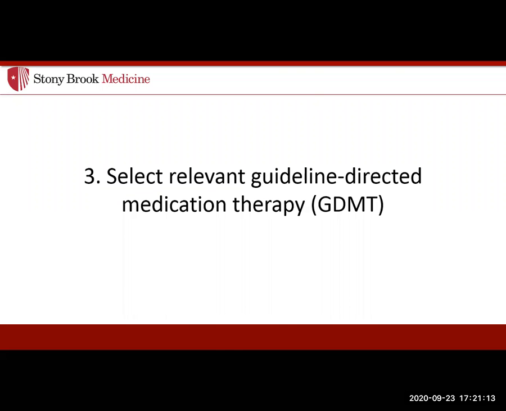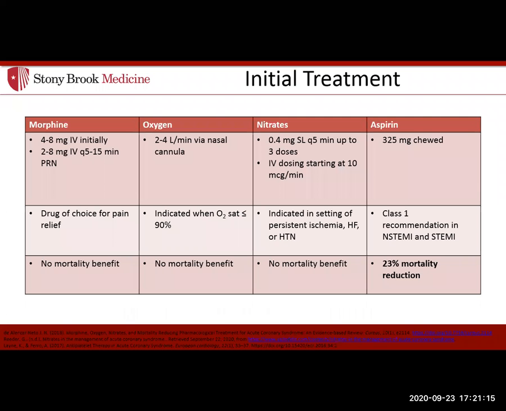And so when we first talk about treatment, we're going to talk about the initial treatment. There's a mnemonic called MONA, which stands for morphine, oxygen, nitrates, and aspirin. And these 4 medications are what you want to initiate when patients present to the emergency department experiencing any type of MI.